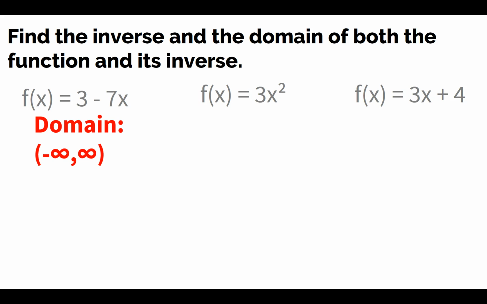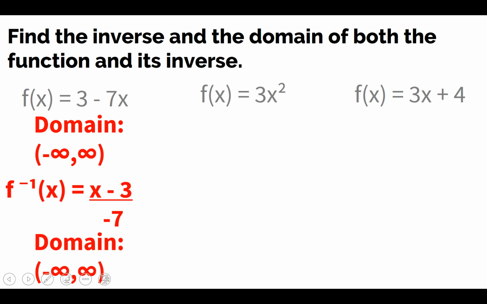And then divide by negative 7. So it becomes x minus 3 divided by negative 7. Again, that should make sense. We should see the inverse operation show up, which they did. And we just talked about how lines always stay lines, so we know my domain is still going to be all real numbers. Negative to positive infinity.